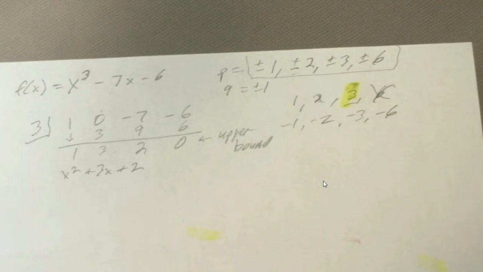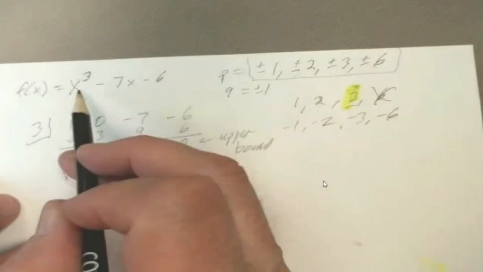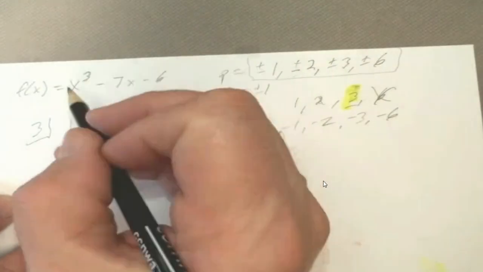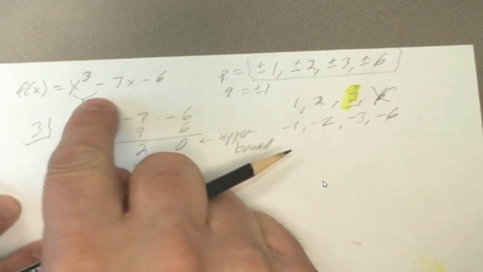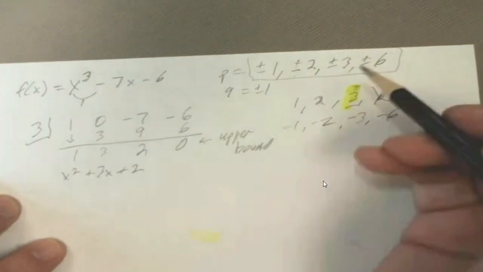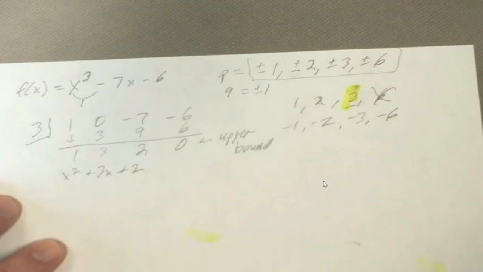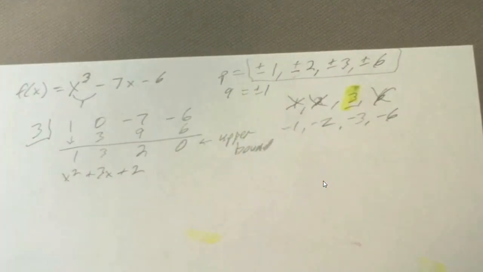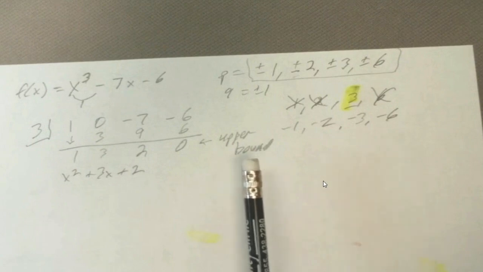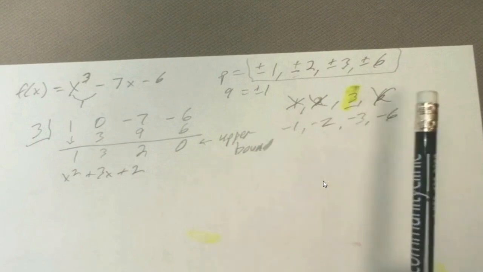And Descartes' rule of signs tells us it changes once right here. This changes twice. So there's only one positive root, which means we don't have to test those as well. 3 is the only positive root there can be because it only changed signs one time. And this told us it was the largest possible.